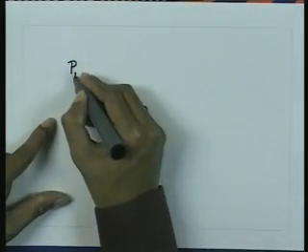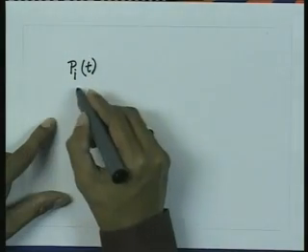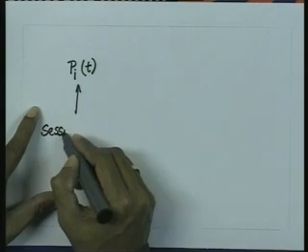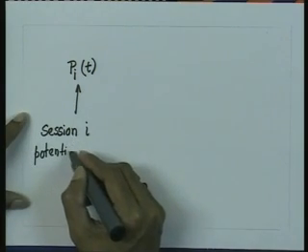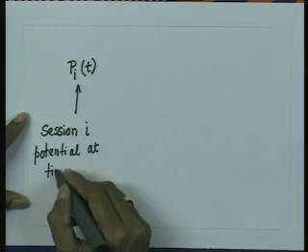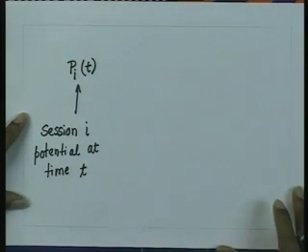Now we define the potential of a session I. We say that the potential of a backlogged session I increases in proportion to the normalized service it receives during its backlogged period. Let P_i(t) denote the session I potential at time t.